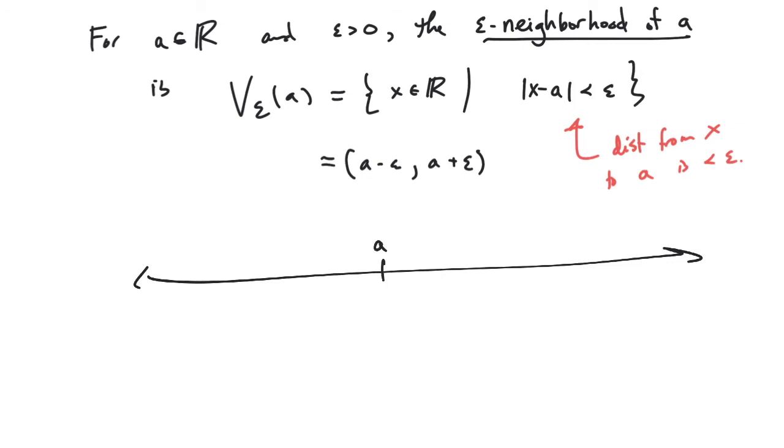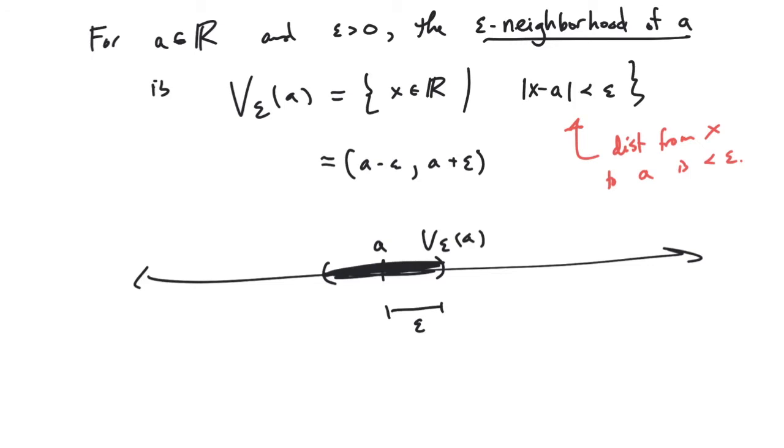If this is the point A, what I'm talking about is this set right here. The interval of points nearby to A, where the nearness, this little radius, is epsilon. That set is V sub epsilon of A, the epsilon neighborhood of A. It's all the points nearby within distance epsilon.